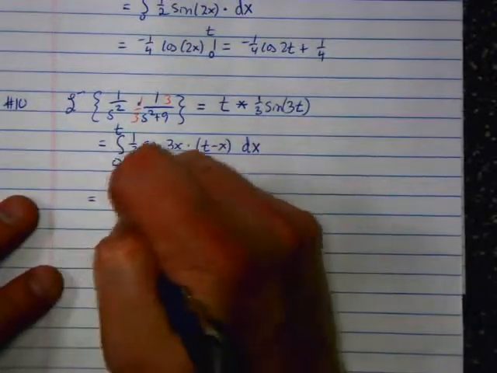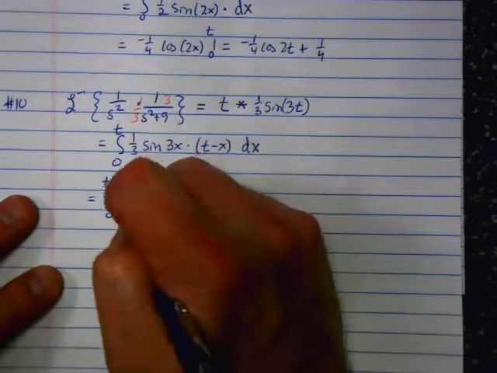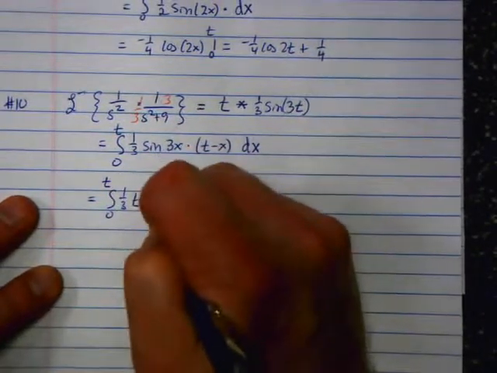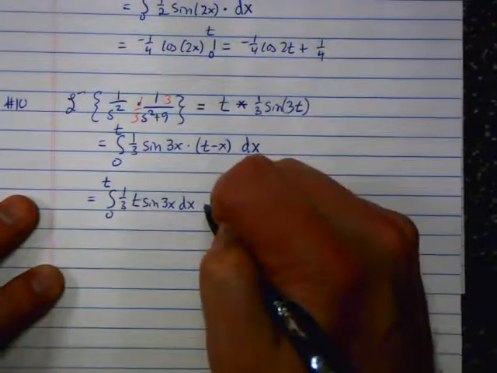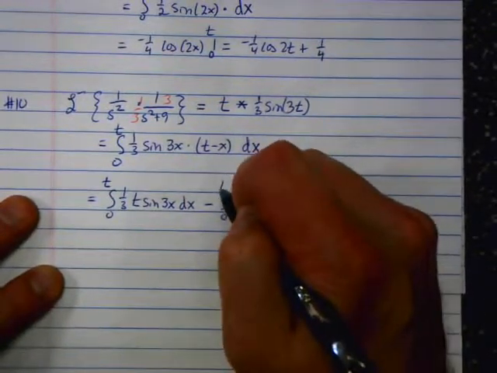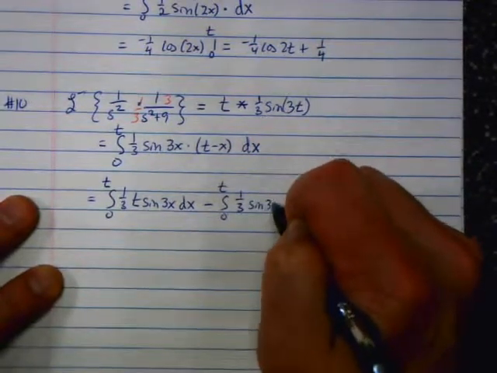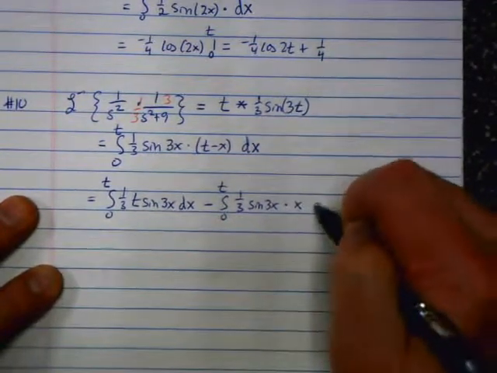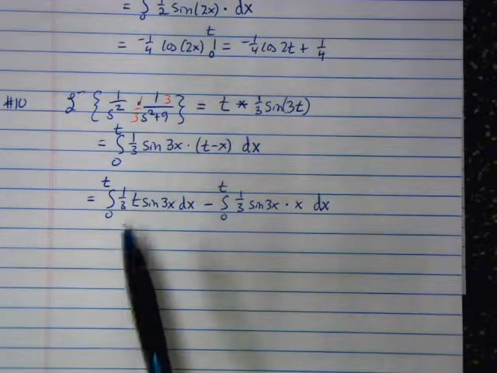That's the integral from 0 to t of 1/3 t sine 3x dx, minus the integral from 0 to t of 1/3 sine 3x times x dx. The first one is very easy to integrate.